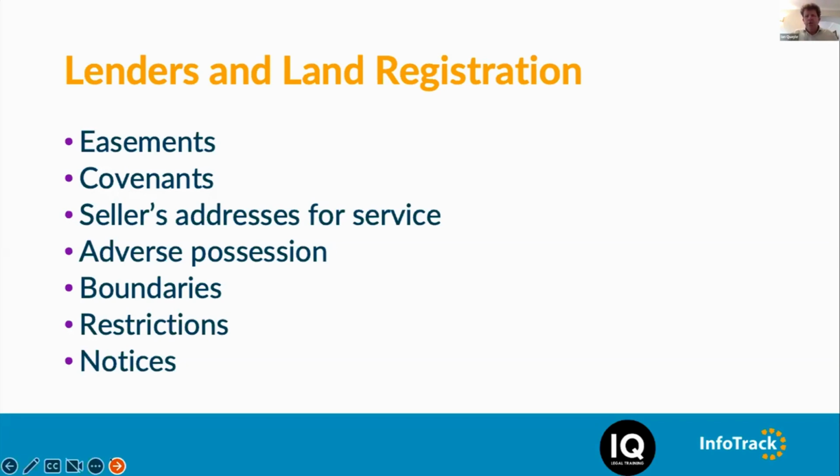It's important that we tell our lay client buyer to keep addresses for service up to date. It's also important that we check a seller's address for service as against any information that we have on our file in connection with the seller.